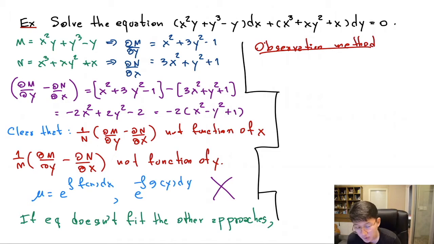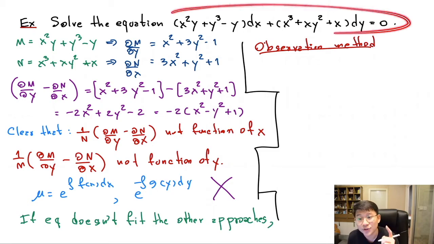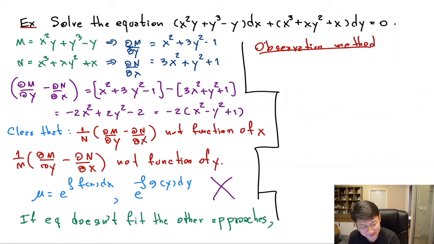So let's try to observe it first. Let's look at this equation. Unless you are a genius. But you don't need to be a genius in order to do the observation method, it just requires some thinking.